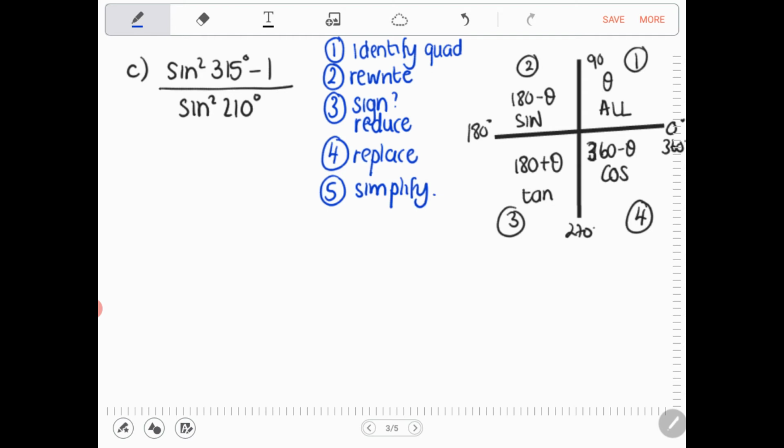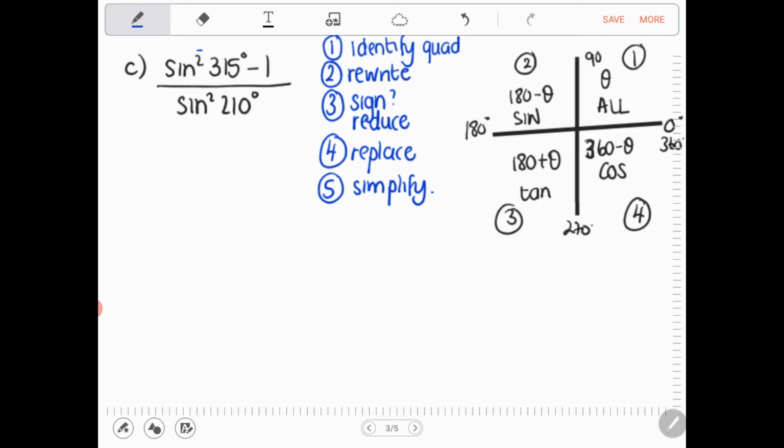Okay, so remember we spoke about these squares as well. So I'm looking at the square here. Remember the squares go on the outside. So you use it on the outside of your bracket. Okay.